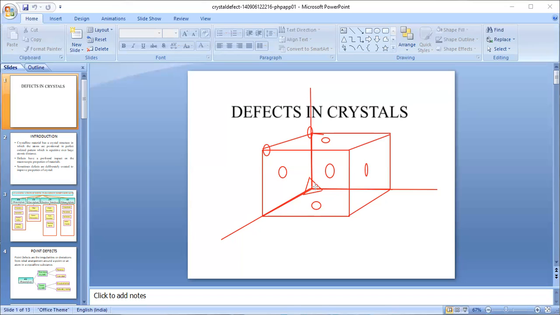But in the exam, if they ask about Bravais lattices, what are Bravais lattices? Bravais lattices are the subsystems of this crystal system. In Bravais lattices, there are 14 types of unit cells.